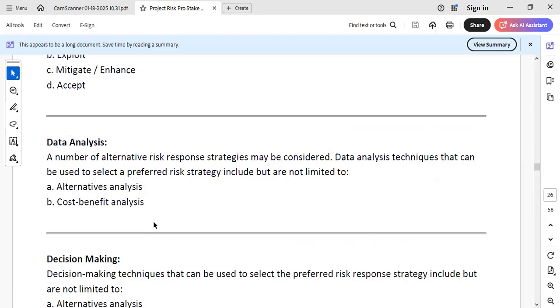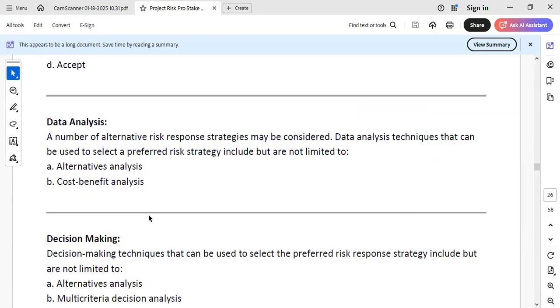Yeah, so data analysis under this area means that a number of alternative risk response strategies may be considered. We're looking at alternative analysis. We're looking at cost-benefit analysis. How much would it cost us to mitigate this risk? And should we even try to mitigate it?